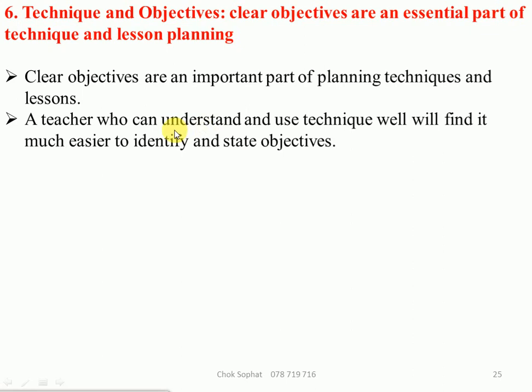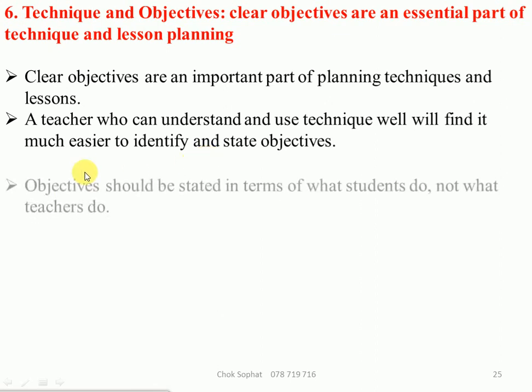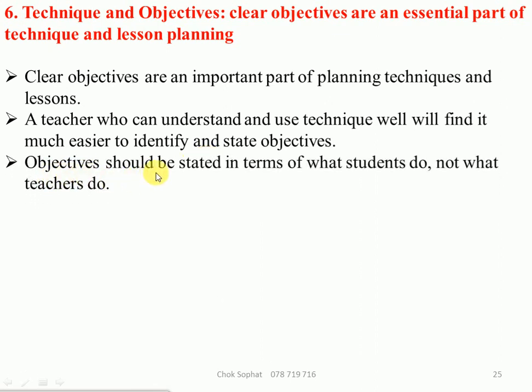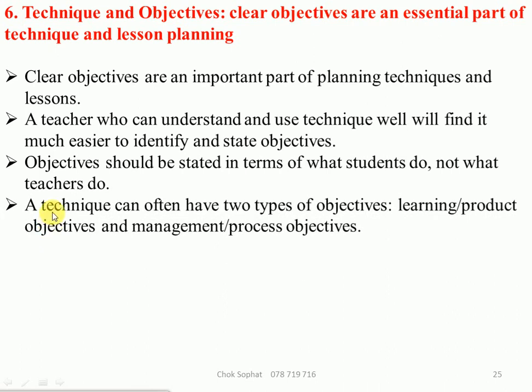If you understand the lesson well, and understand the techniques, we can identify and state objectives clearly. Objectives should be stated in terms of what students do, not what the teacher does, right? Because we want our students to achieve, not the teacher to achieve.